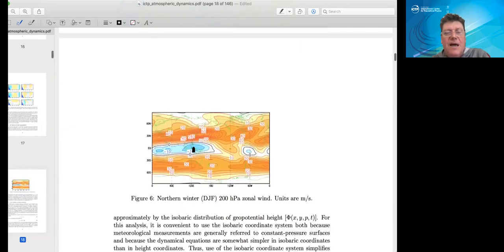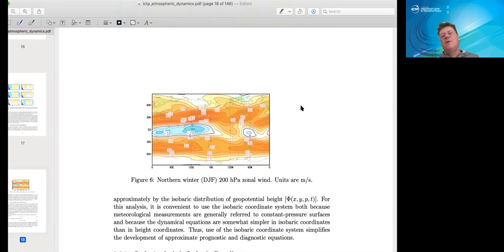However, if we look now at a picture of this jet, not anymore zonally symmetric, but we just look at one pressure level, which is here the 200 hectopascal level, so the level where this jet seemed to be maximized. If we look at this level, we see that this jet is not just a zonally symmetric feature, but is localized.